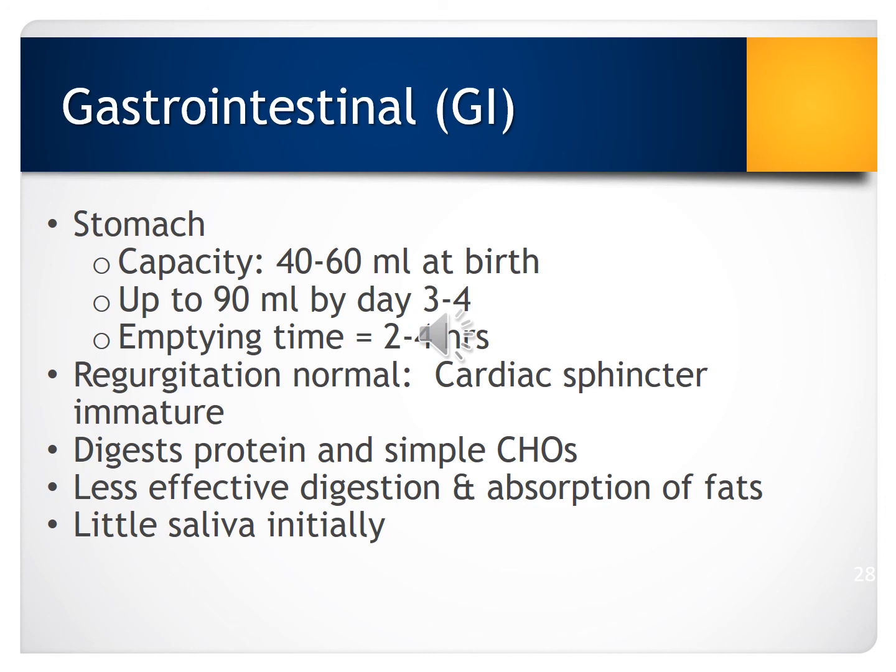The GI system is only able to digest simple carbohydrates and protein. So the use of rice or anything else in the milk is not beneficial because it's harder for the baby to digest, and you have problems with constipation or regurgitation. Breast milk or formula, if that's what the mother chooses, is enough for the first 6 months of a newborn's life.